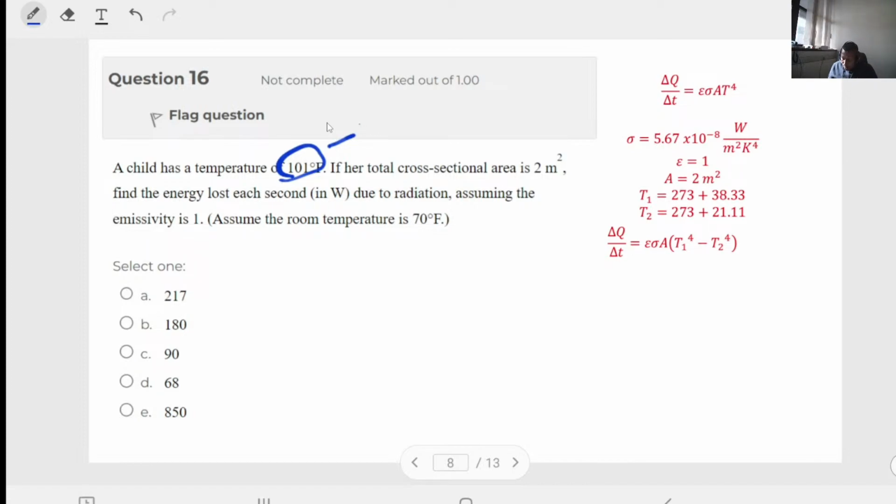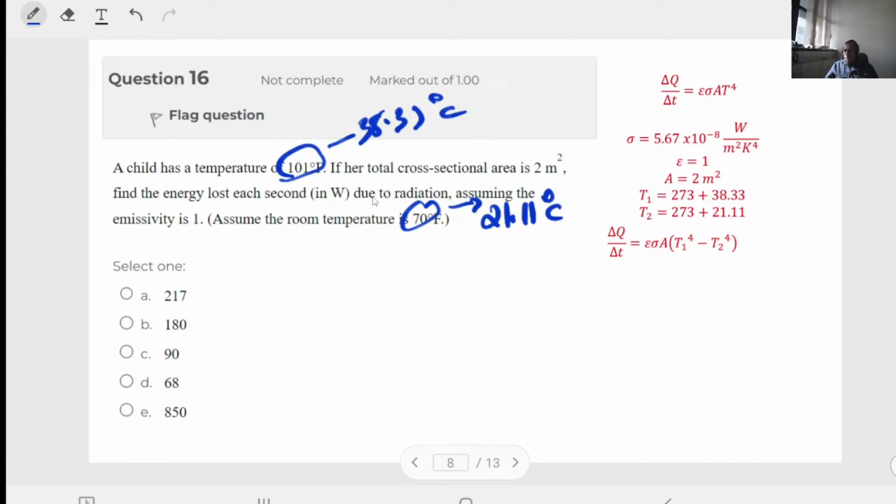This one is 38.33 degrees centigrade, and T2, which is 70 degrees Fahrenheit, is about 21.11 degrees centigrade. That's just the conversion.